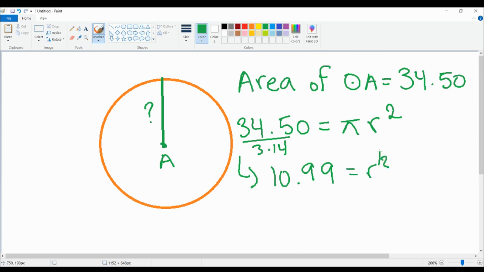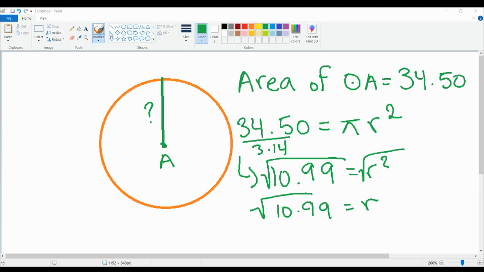How do we get rid of this exponent right here? Well, we take the square root. So then we take the square root on this side as well. So we get the square root of 10.99 equals r.